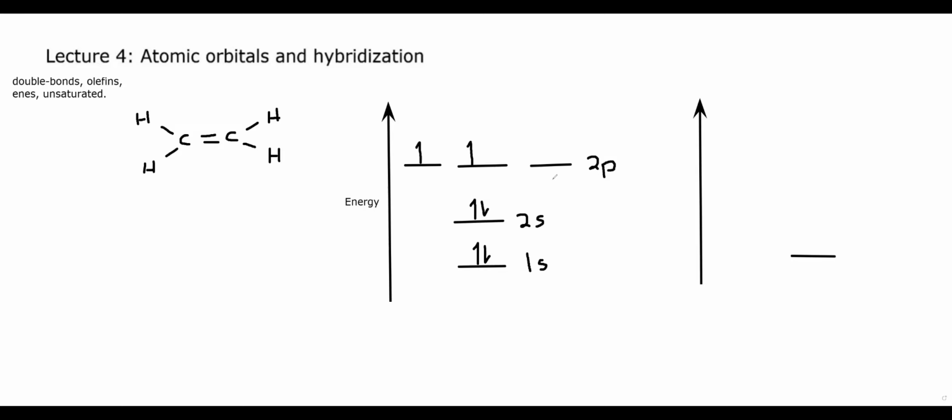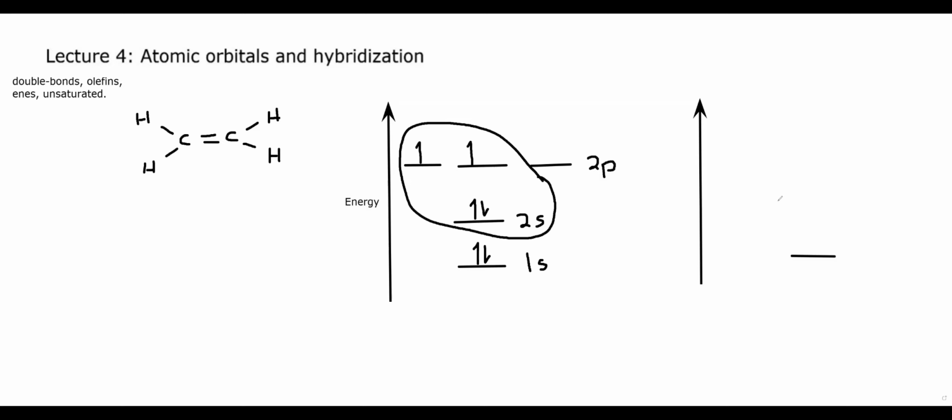Now, in the case of a C-C double bond, we actually get hybridization of these three orbitals, but we exclude one of the two p orbitals. We exclude one of them, and it should be clear to you why as we get through this section here, okay?